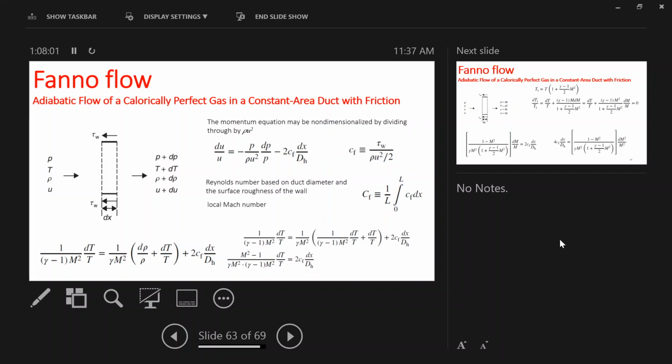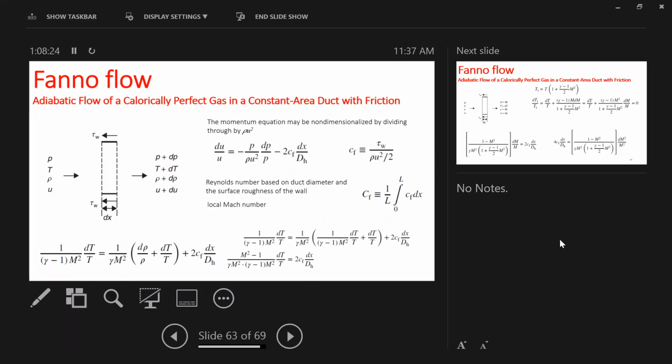Based on this, we can relate the friction coefficient to the temperature and the variations of temperature, as well as the Mach number and the changes in density. So you essentially have everything in one place. You can still play with this a little bit to get to this equation.